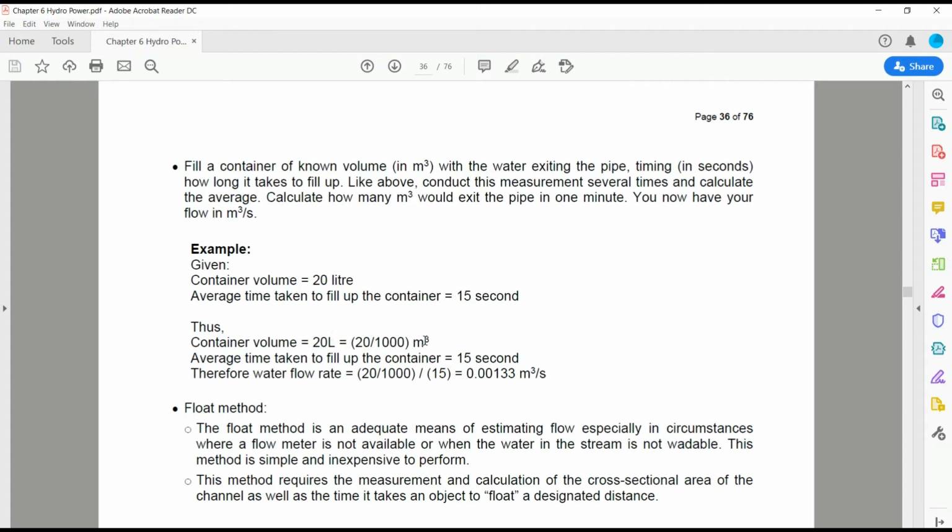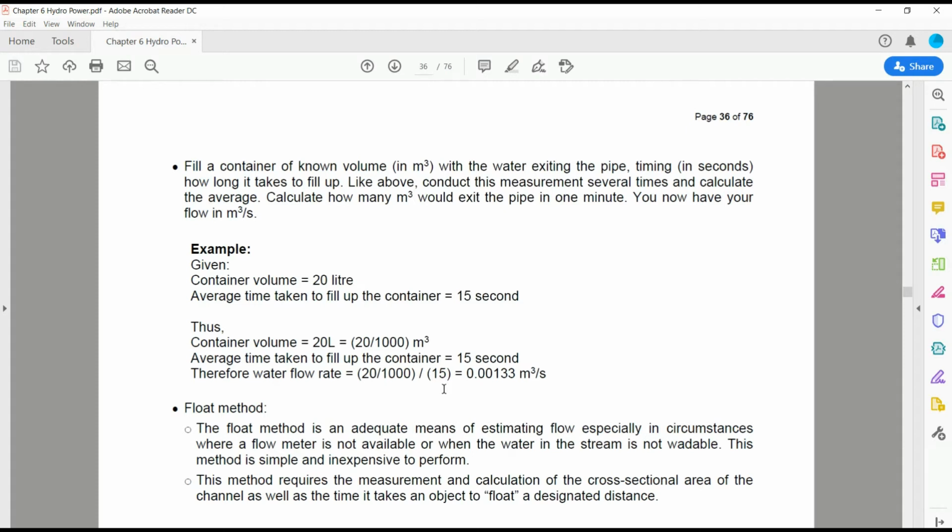We convert 20 liters to cubic meters, so 20 divided by 1000. The average time taken to fill up the container is 15 seconds. Therefore the water flow rate is 20 over 1000 divided by 15 seconds. So the water flow rate is 0.00133 cubic meters per second.